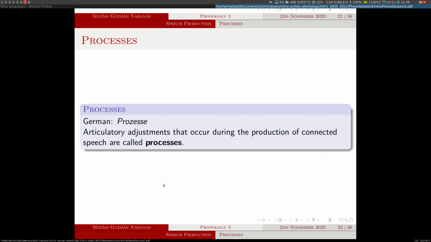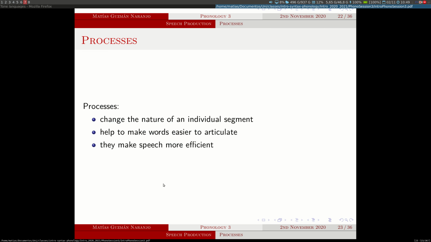Because of this, we have phonetic processes which affect the actual realization of the individual phonemes in a language. So you have processes which change the nature of the segments. This makes things easier to articulate, or words more distinct, and speech more efficient when we speak.